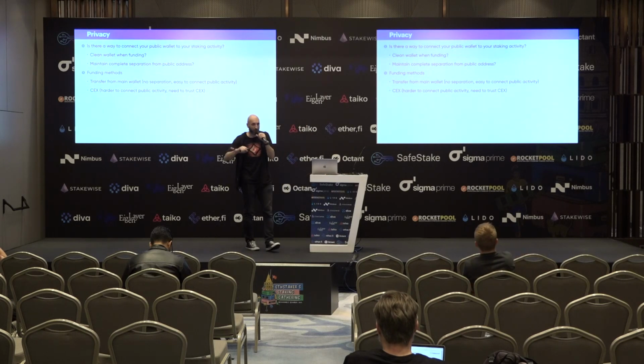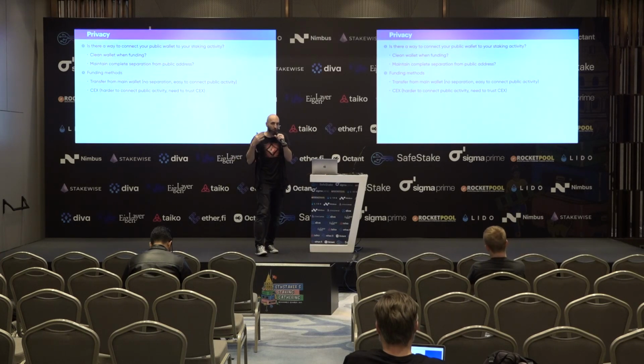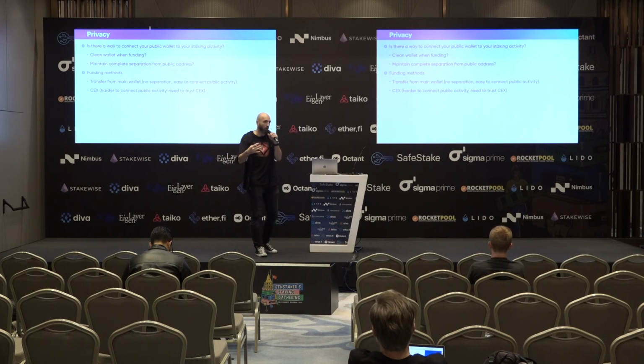Privacy, I mentioned briefly at the beginning. Do you want people to know that you are staking or not? Do you use a completely fresh wallet to fund 32 ETH to start validating? Or do you just fund it from your main wallet, so that everybody can see that you are staking, that you are a solo validator?